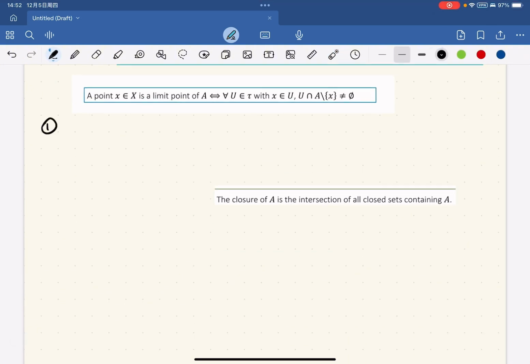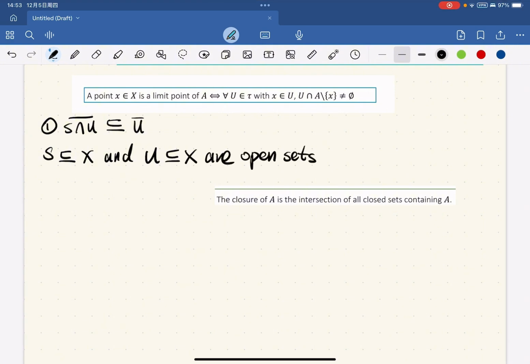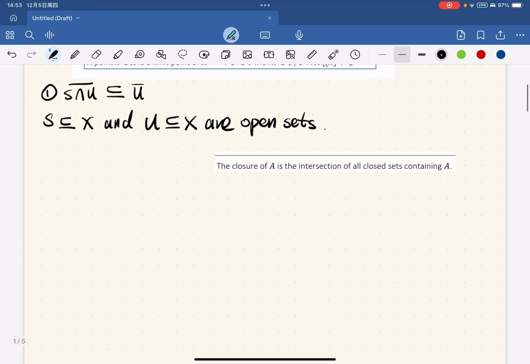First, let's prove that the closure of the intersection of S and U is contained within the closure of U. Since S is a subset of X and U is a subset of X, their intersection is also within U.